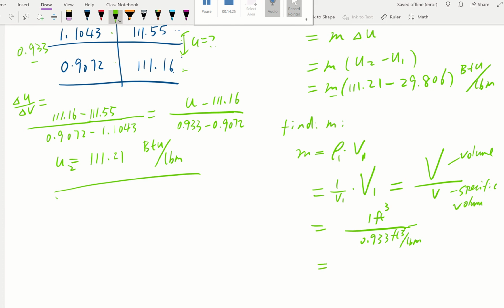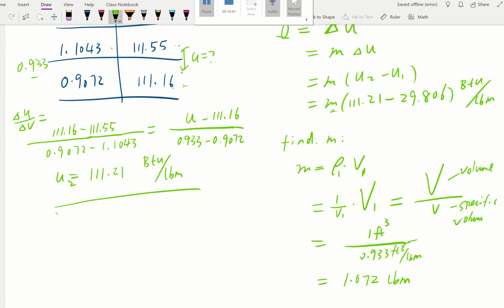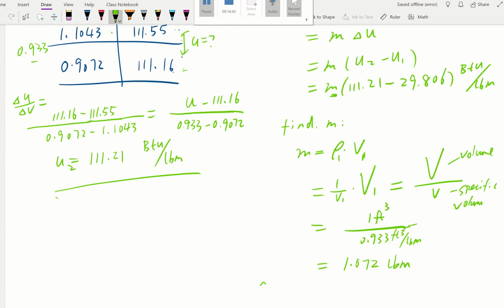You're going to get the mass, so it doesn't matter. Now let's put it in a calculator to see what we got. So with calculation, we got this mass as 1.072 pound mass. So knowing that, we can bring back to this final answer here.